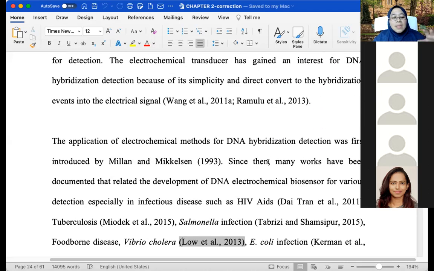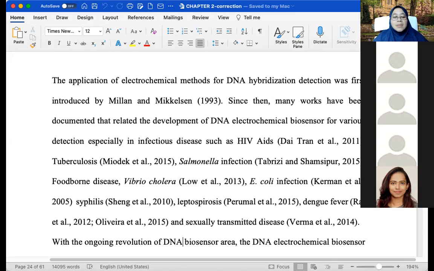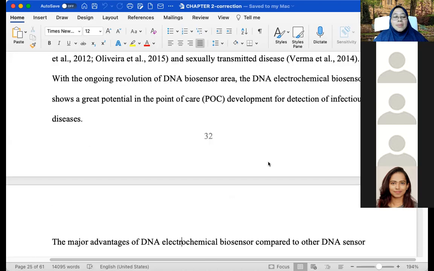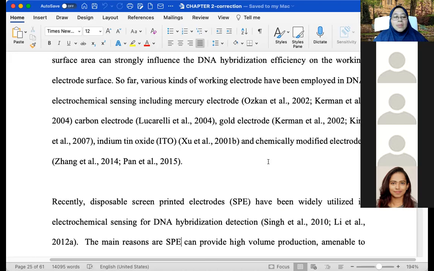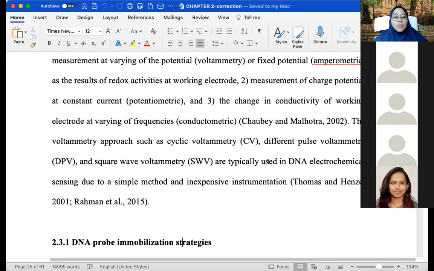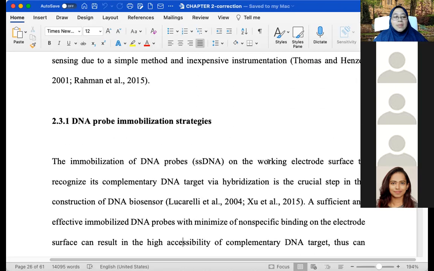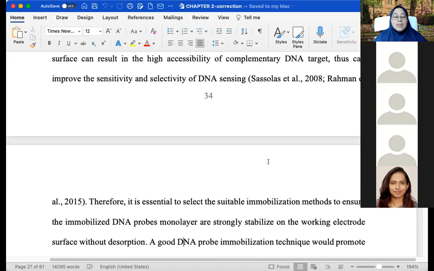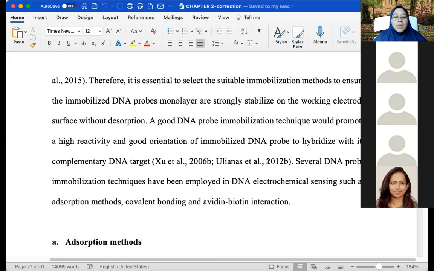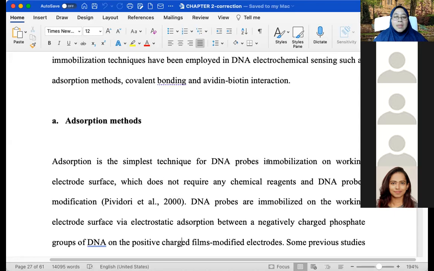So you can see that from the general, now he's going towards more specific. Now he becomes more specific on the issues involved in immobilization strategies, in this case for the biomarker to be immobilized on the sensor.